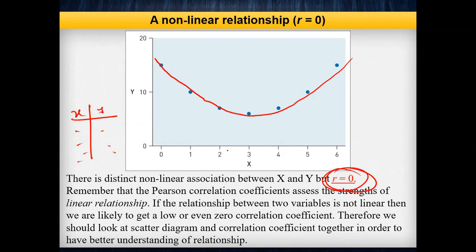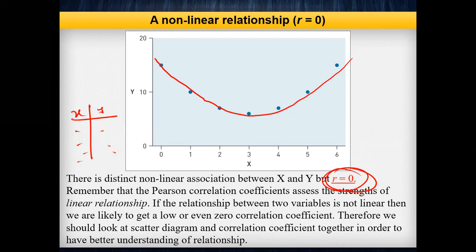Okay, so concluding the whole discussion here, always look at the scatter diagram and the Pearson correlation coefficient to take the decision. Don't take the decision by looking at the Pearson correlation coefficient only or the scatter diagram only.